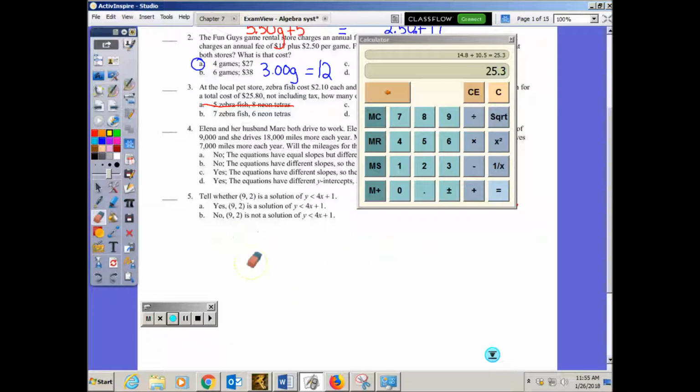Let's try option number 2. Oh, I erased the equation. I don't want to do that. What was our equation? It was $2.10 for zebra fish and $1.85 for neon tetras.